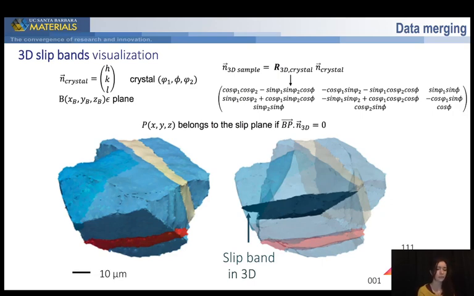That rotation matrix brings our crystal frame to our macroscopic sample frame, and then we obtain our slip band normal in 3D. I'm showing an example here where we had a visible slip trace on the sample surface in that blue grain, and using this procedure, we could reconstruct the 3D nature of the slip band. We could assign exactly what 1-1-1 plane was active for the slip band in that particular crystal, and we know the exact coordinates of the slip band, so we can actually plot it in 3D using EBSD and 2D DIC collected on the surface.